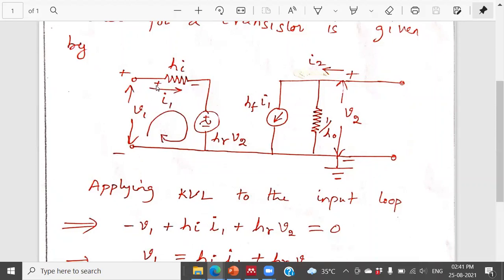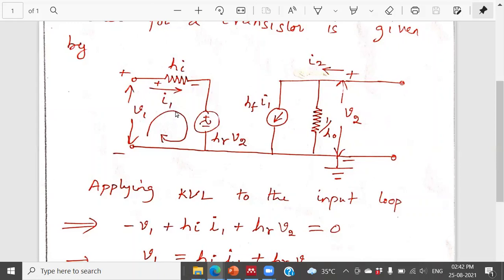Here the entering terminal is positive, and the voltage is resistance into current, so the voltage is I1 into Hi. So plus I1 into Hi. Then again the entering terminal is positive, so plus Hr V2 is equal to 0.